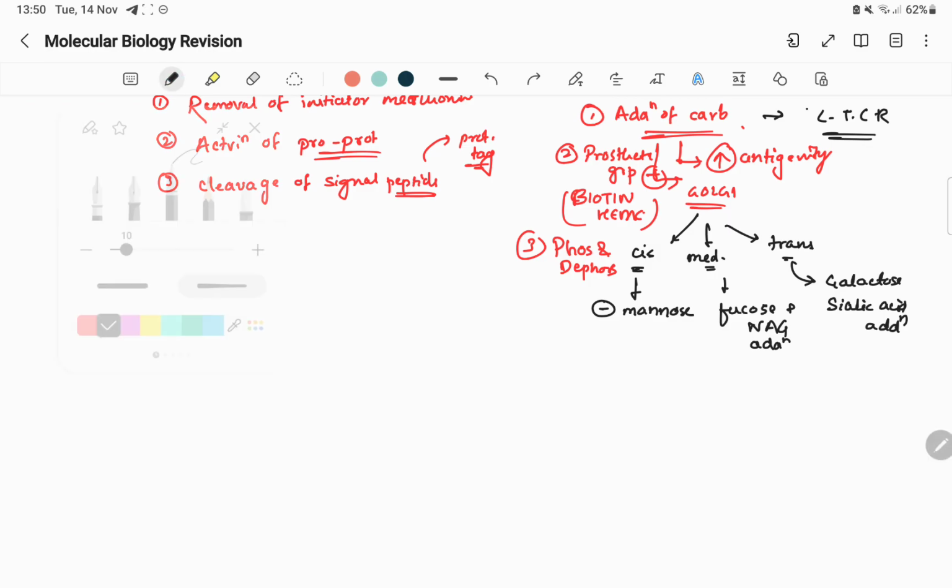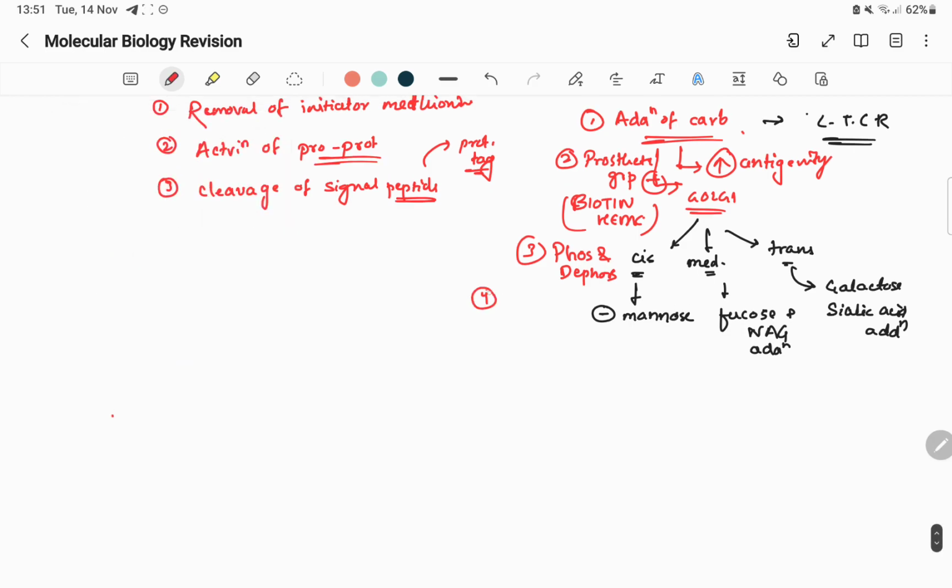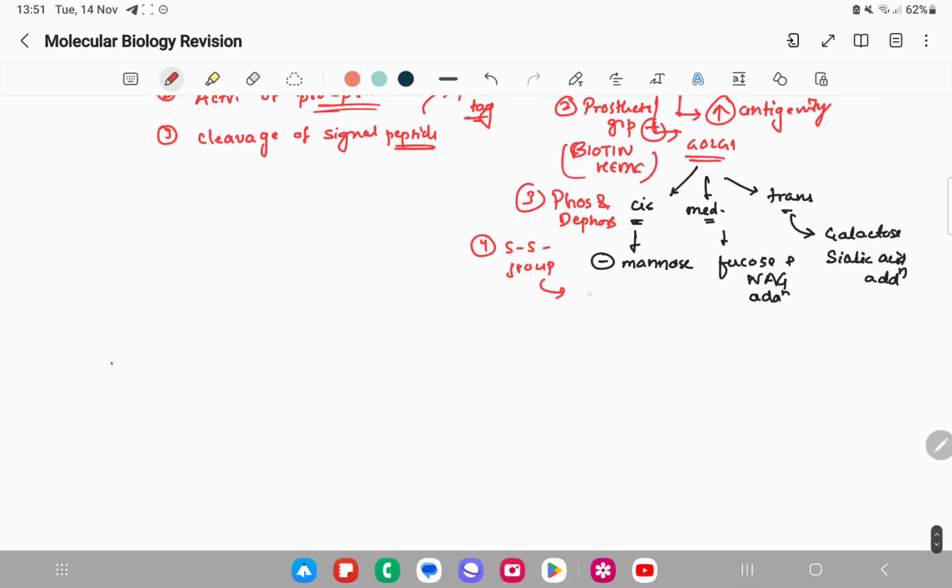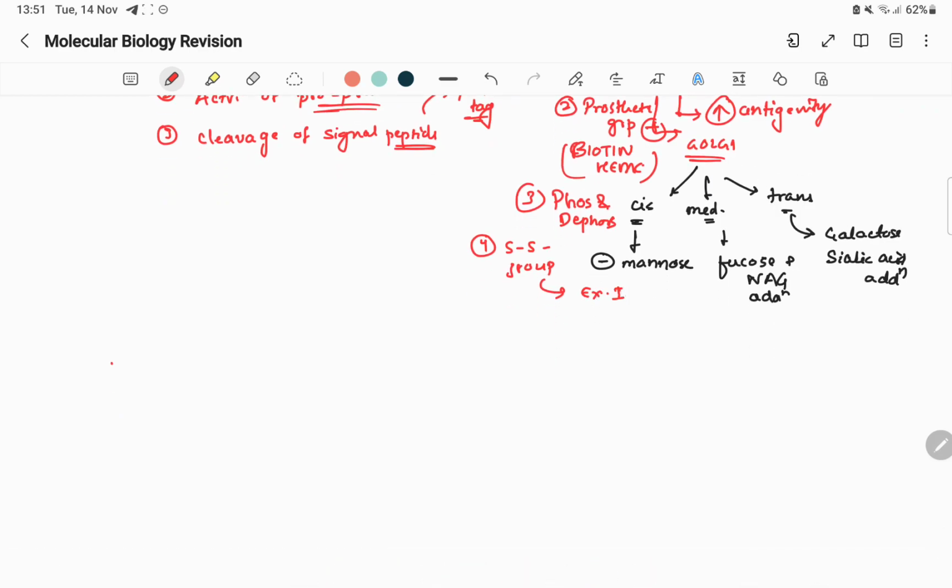Then we have another modification, the SS group addition, for example disulfide bond formation. An example is insulin: in insulin maturation, the SS bonds are formed.